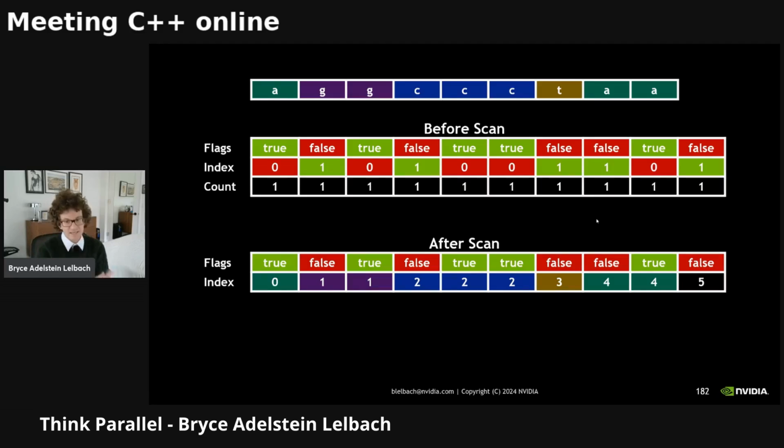Next, we scan count. And remember, count gets reset whenever the index changes. So for the first element, the output is the same as the input, 1. For the next element, the count gets reset because the index has changed. The index on the left is 0, and the index on the right is 1.